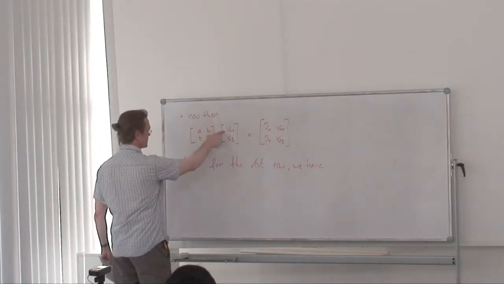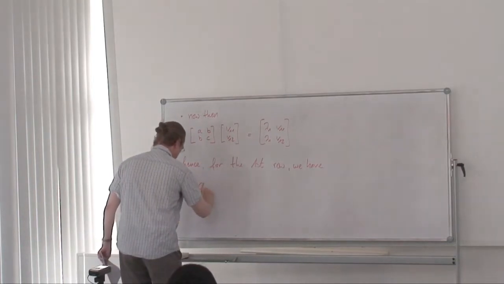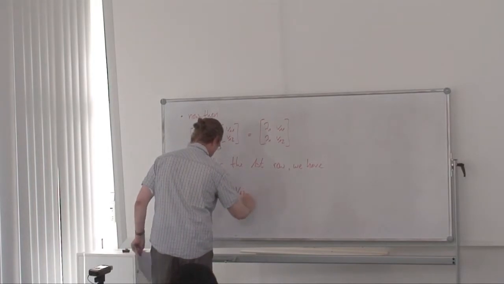So this is A times V11 plus B times V12.